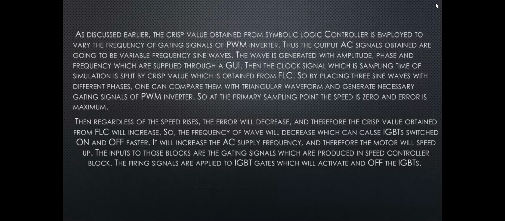As discussed earlier, the crisp value obtained from the fuzzy logic controller is used to vary the frequency of the gating signals of the PWM inverter. Thus, the output AC signals obtained will be variable frequency sine waves. The wave is generated with amplitude, phase, and frequency, which are supplied through a GUI.